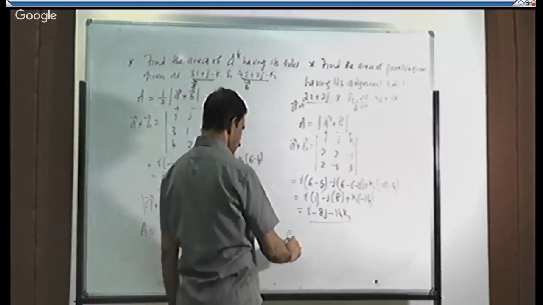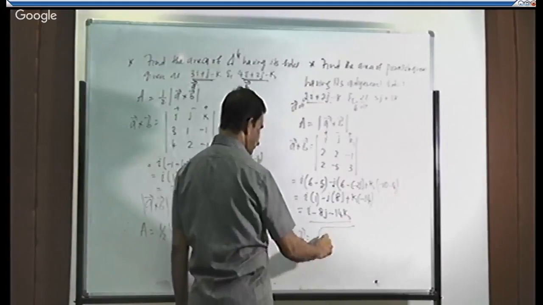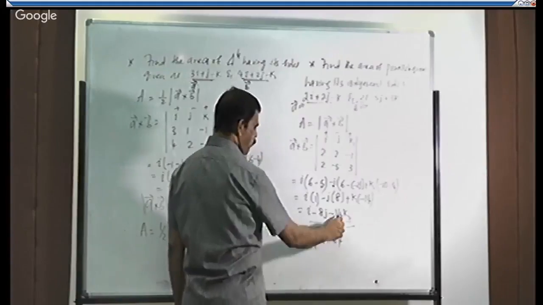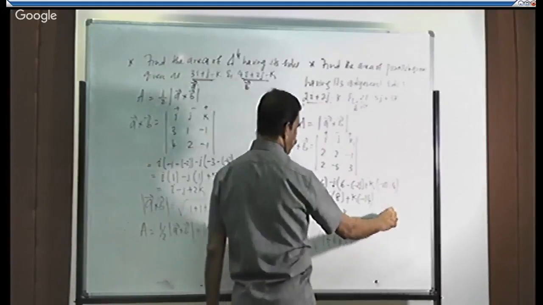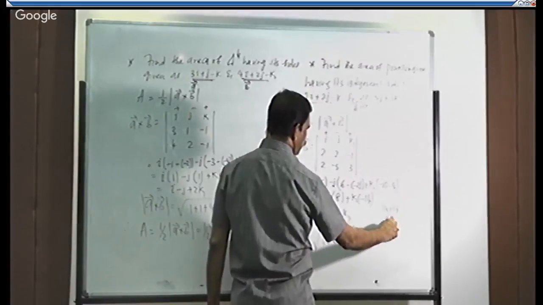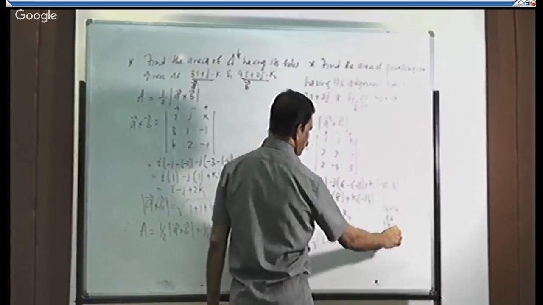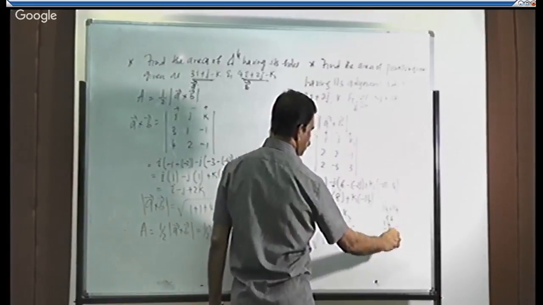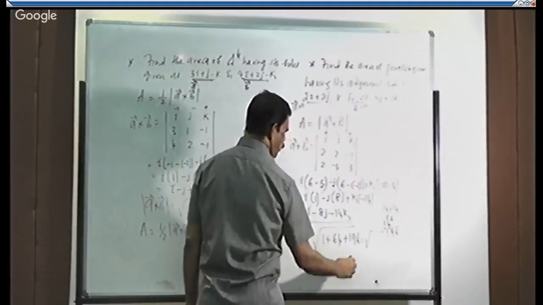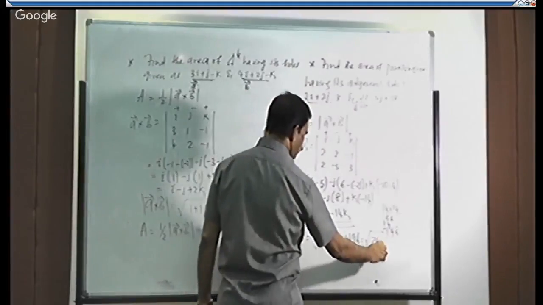Therefore, magnitude of A cross B is equal to root of 1 square is 1 plus minus 8 square, it is 64, plus 14 square, 14 into 14, which is 196. 1 plus 64 plus 196 is 261.